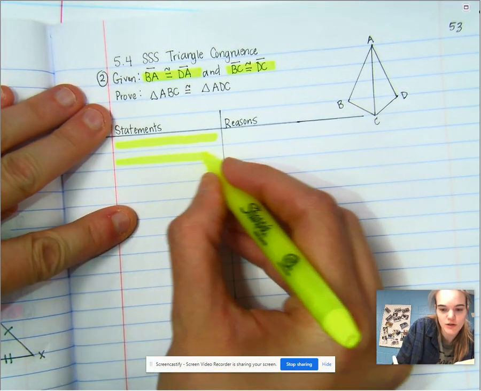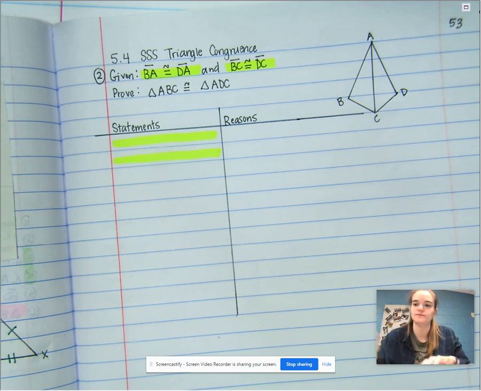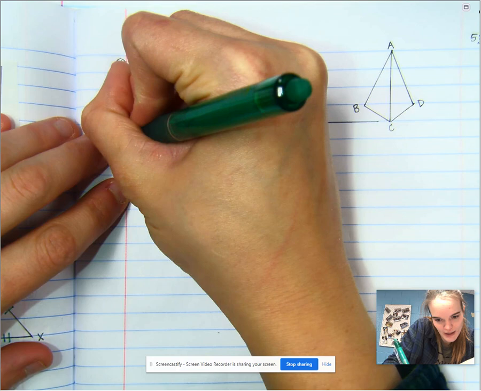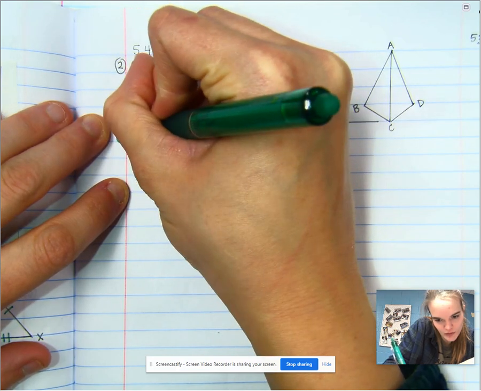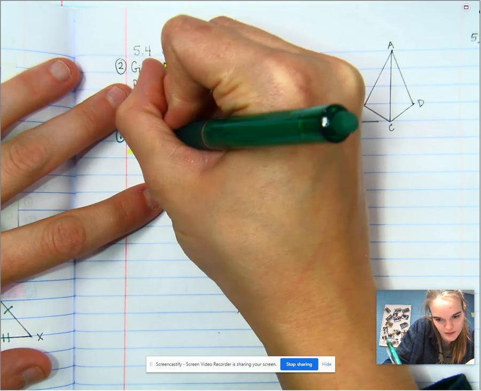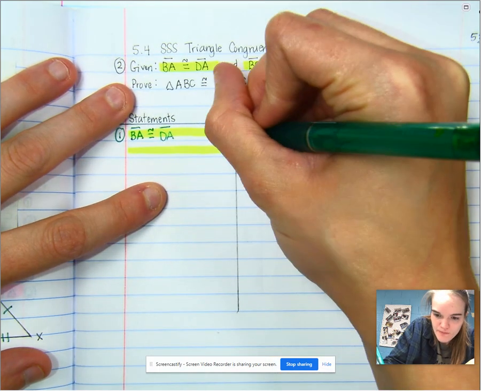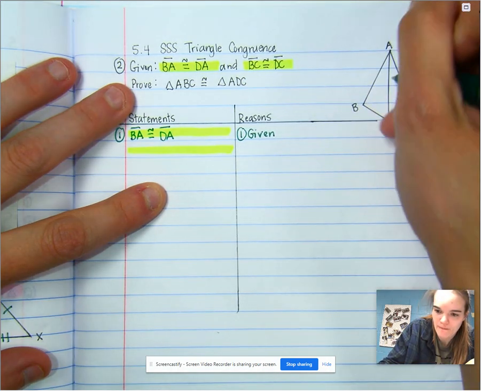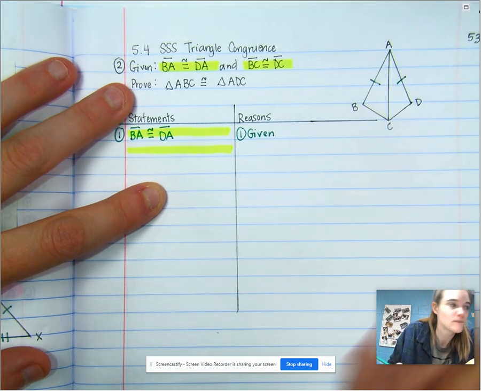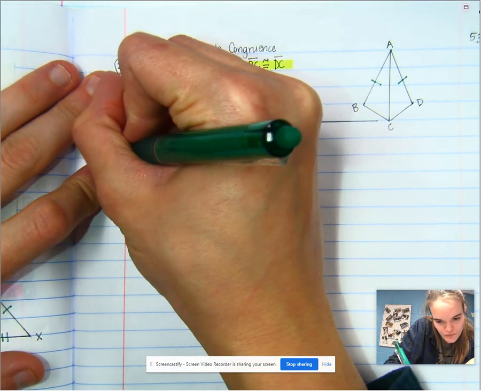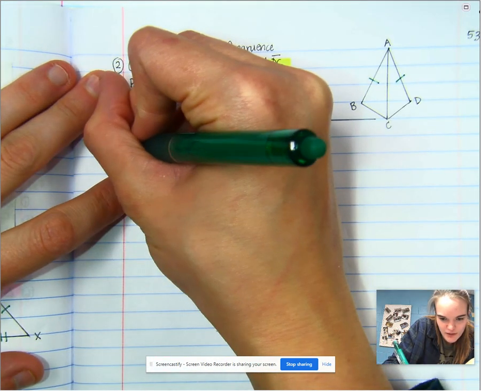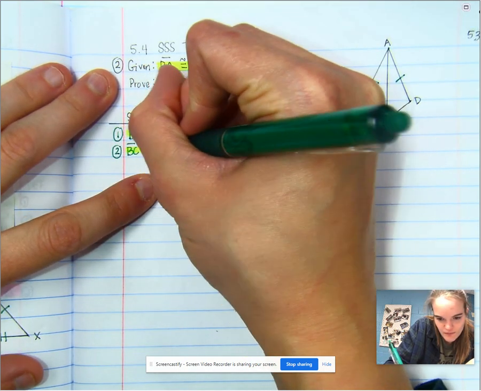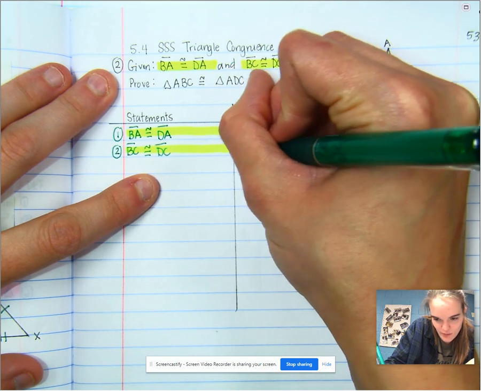They go first. So number 1, BA is congruent to DA. I'll go ahead and label that. Number 2, BC is congruent to DC. Given, and I'm going to label that.